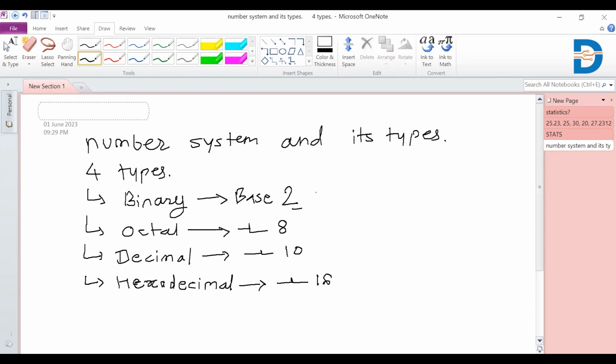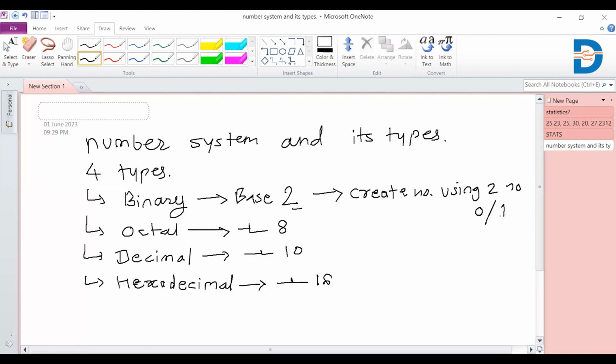So here we are going to create numbers using these two numbers. Which ones are those? 0 and 1.